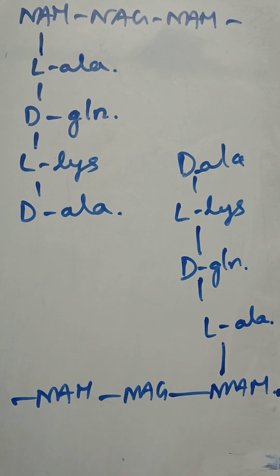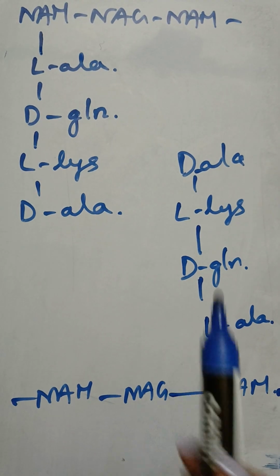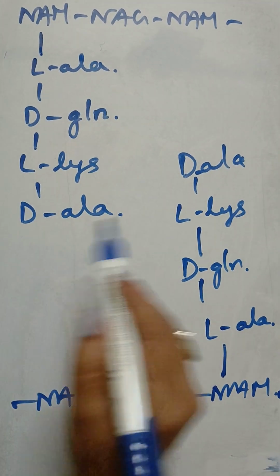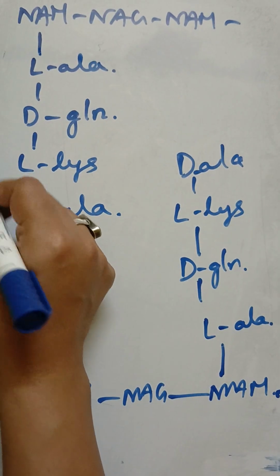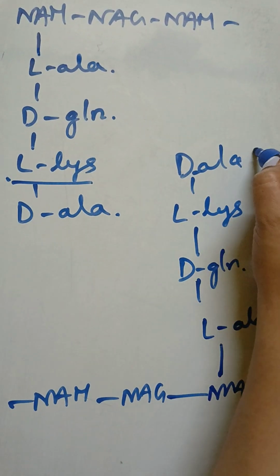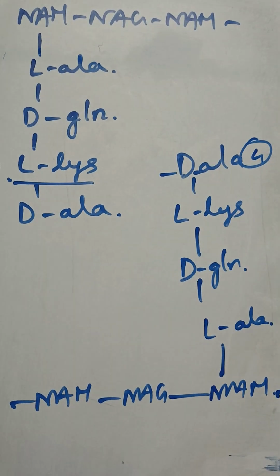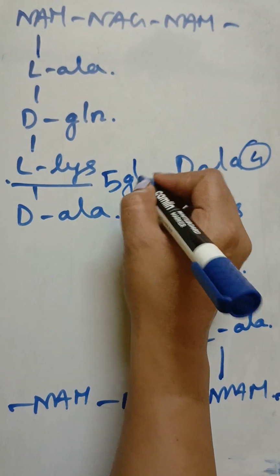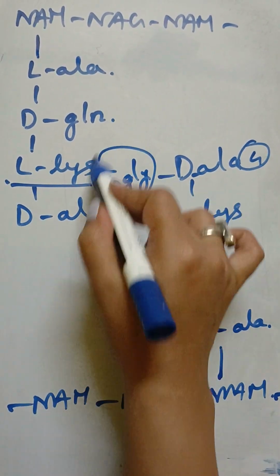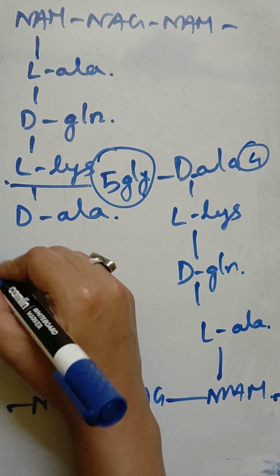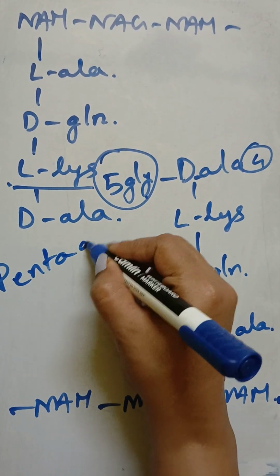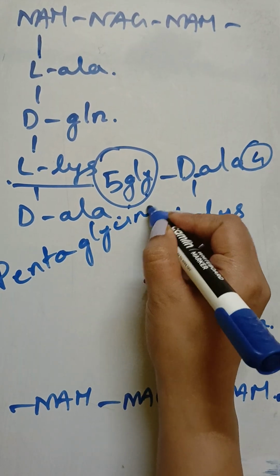So there is a connection or a cross-linking between this third L-lysine and the fourth D-alanine with the help of 5 glycine residues, which are known as the pentaglycine bridge.